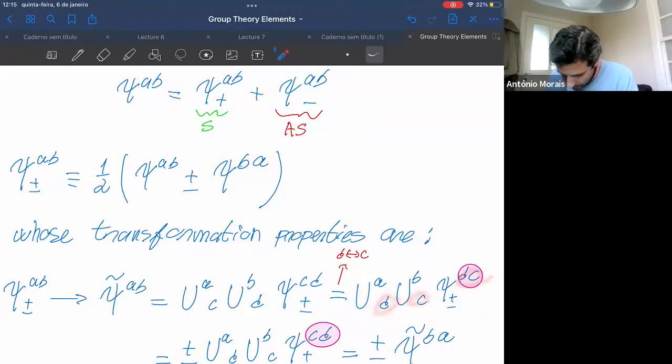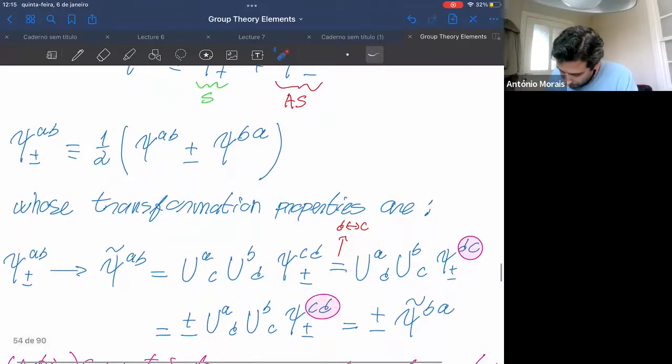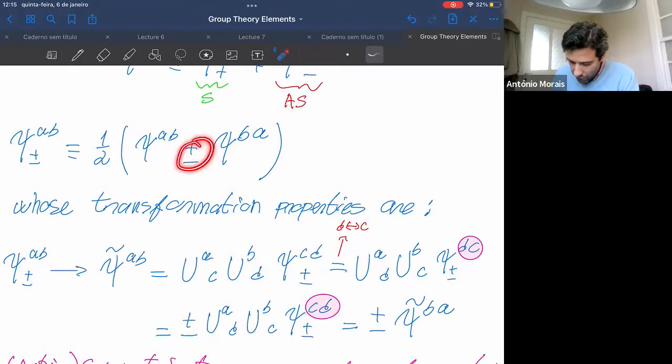But if you flip back only the indices DC here, so C goes to D, but keep these in the same order as above, you will get a plus or minus sign, which depends on whether you are picking up the symmetric or the antisymmetric part.